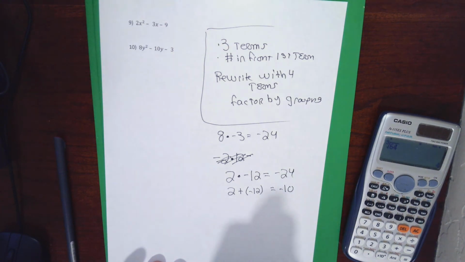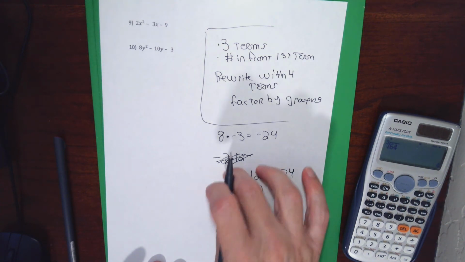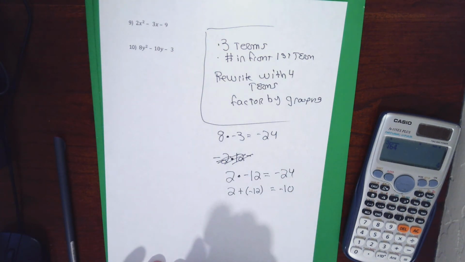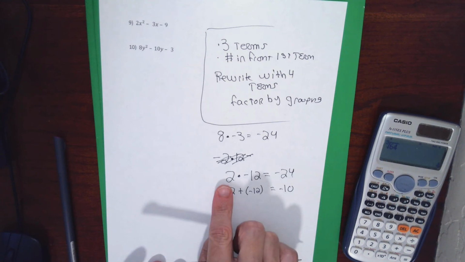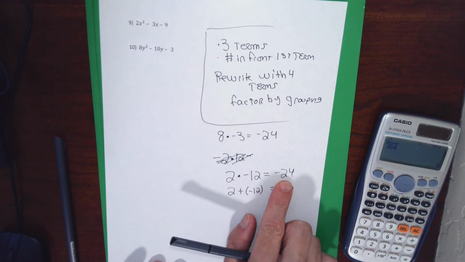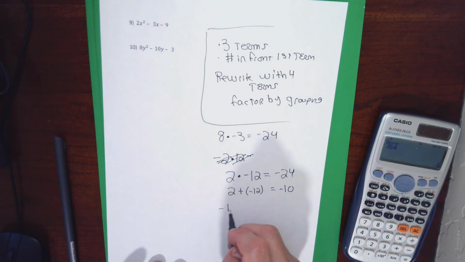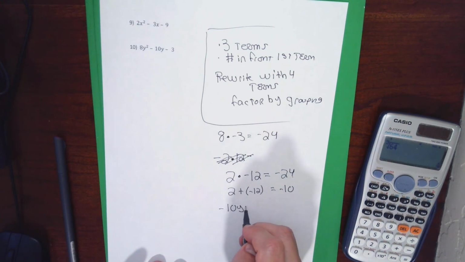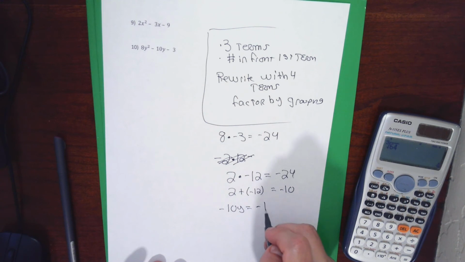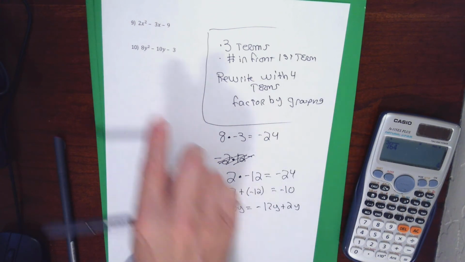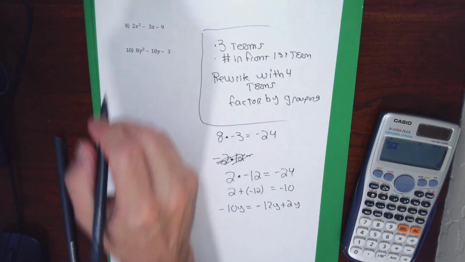So because the numbers 2 and negative 12 fit the criteria, smaller number plus, bigger number minus, multiply to negative 24, add to negative 10, I'm allowed to rewrite my negative 10y, and I'm going to rewrite it as negative 12y plus 2y. Now I'm going to take the problem, rewrite it as 4 terms.